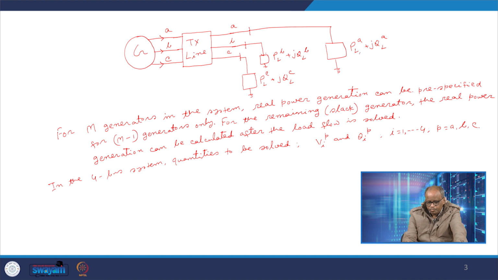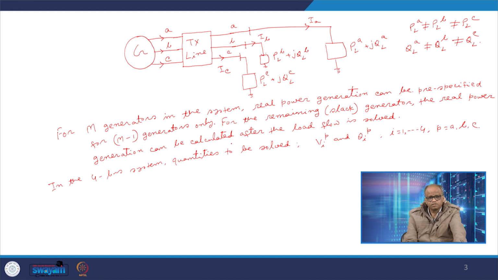Because these loads are unbalanced, if PLA is not equal to PLB, not equal to PLC, as well as QLA not equal to QLB, not equal to QLC, then these currents IA, IB and IC will also be unbalanced.